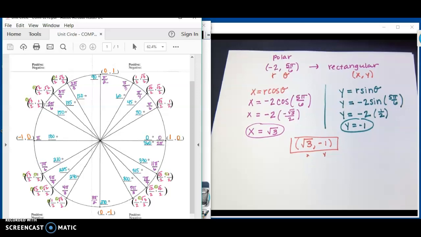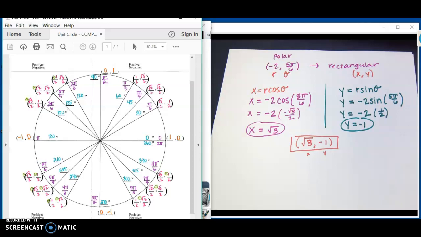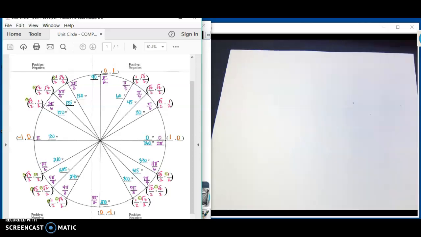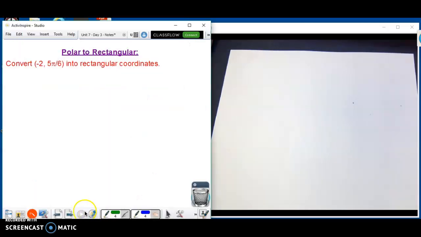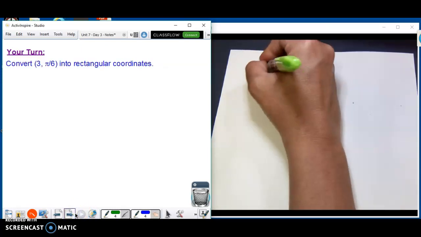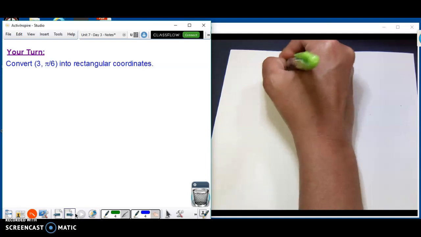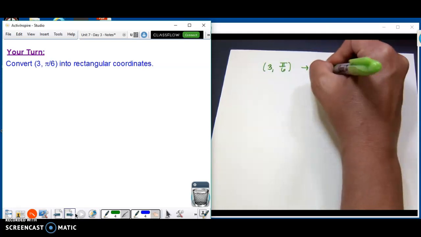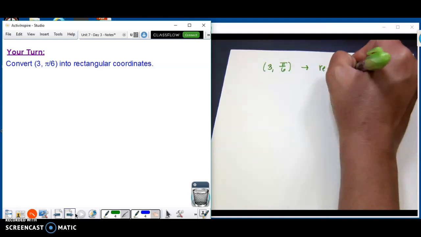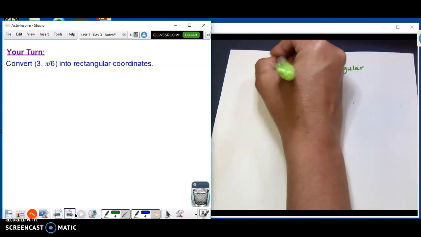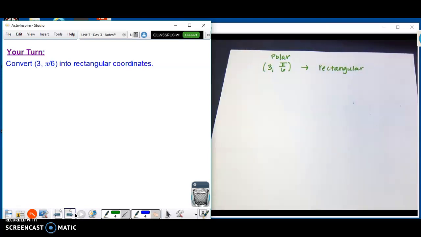Alright, then if we look at the next one, it's just the same kind of practice. We want to convert 3, pi over 6 into rectangular. So this is polar, and we're trying to find rectangular.